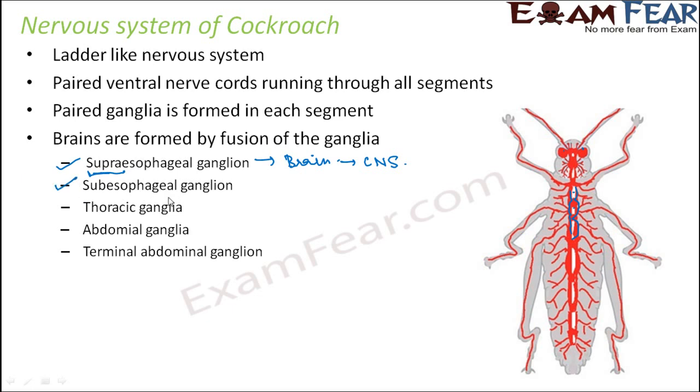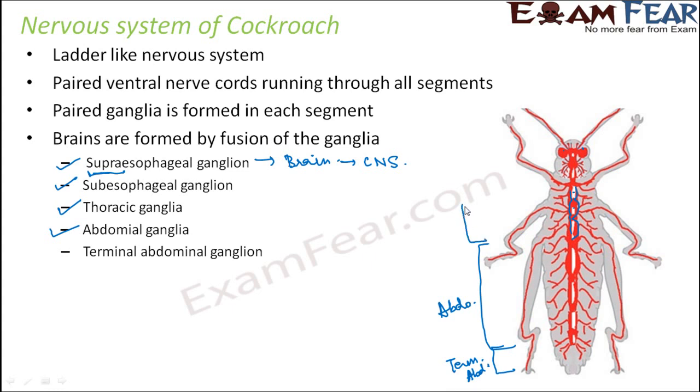Next is subesophageal ganglia. Subesophageal is below the esophageal region. Next you have the thoracic ganglia which are formed in the thoracic region. Next is the abdominal ganglia, in the abdomen region. Here you have the abdominal ganglia, and then in the lowermost portion you have the terminal abdominal ganglia.